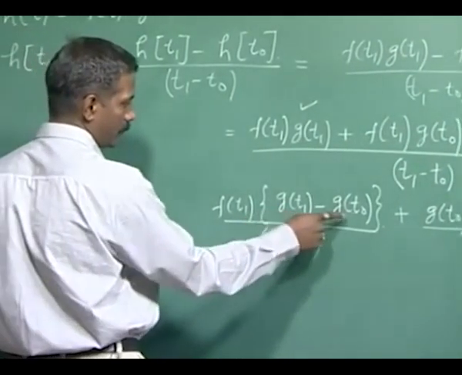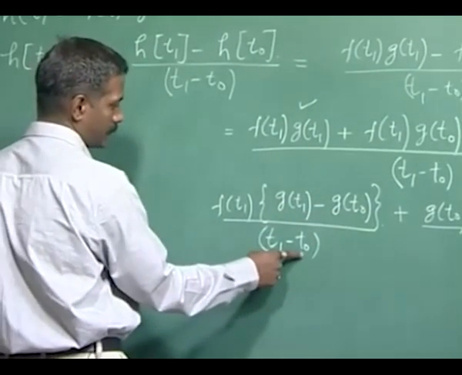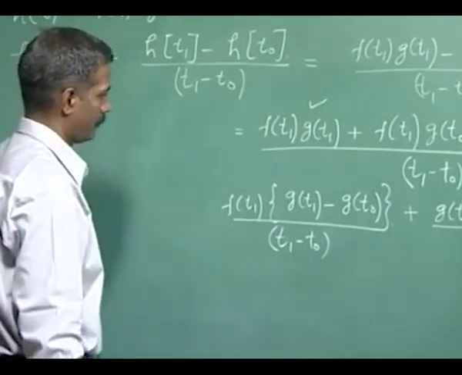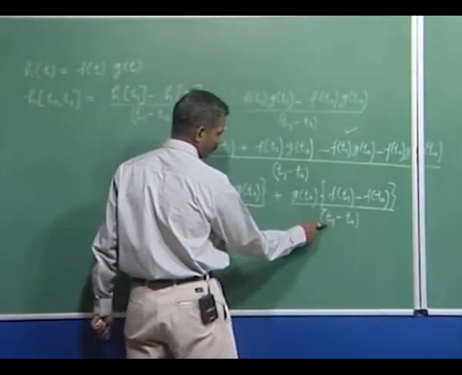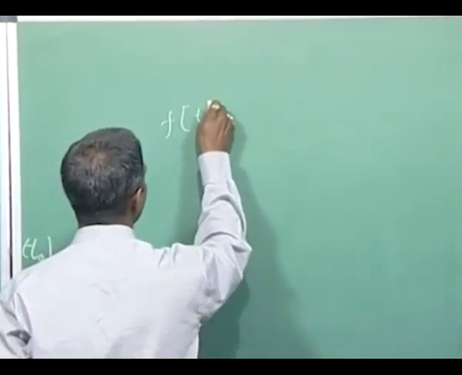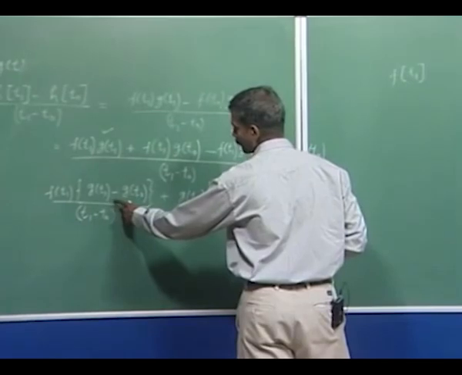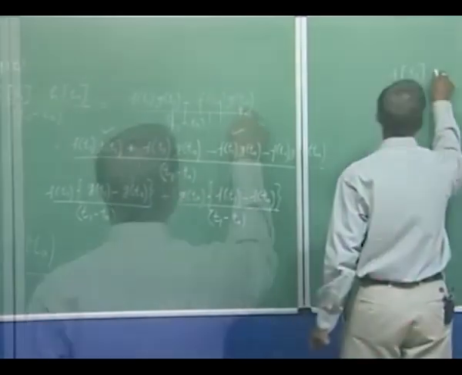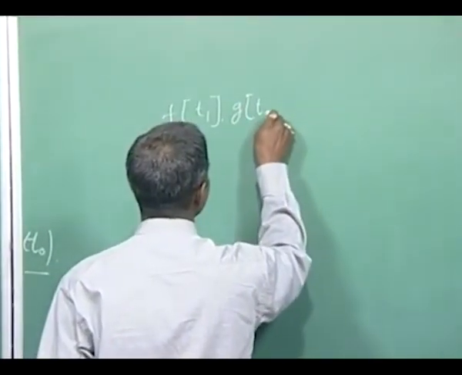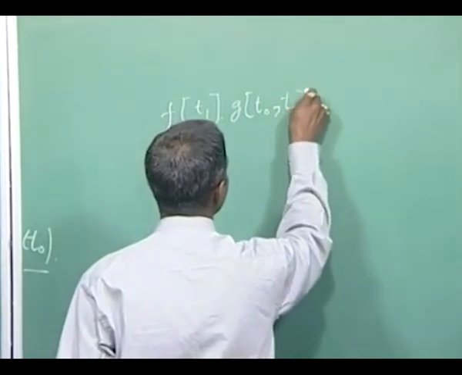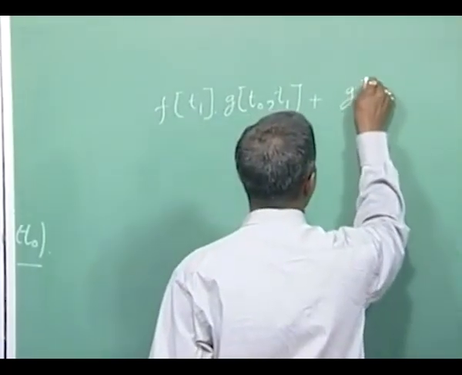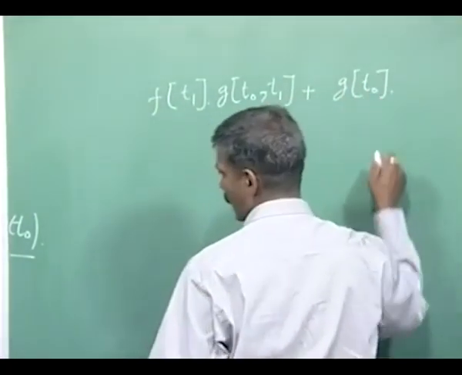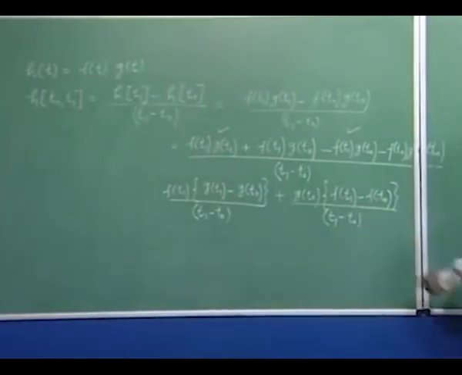Notice what g t1 minus g t0 over t1 minus t0 is. Likewise, what is f of t1 minus f of t0 over t1 minus t0? We have f of t1 times the first divided difference in g, g[t0, t1], plus g of t0 times the first divided difference in f.